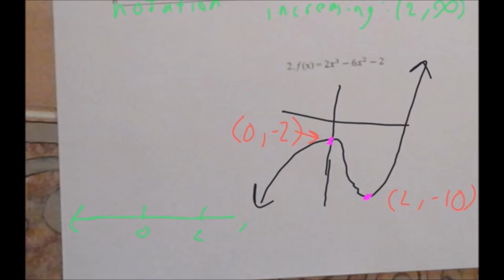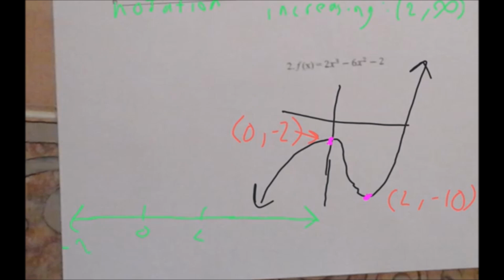Let's make this line a little longer. Okay, so we have 0 and 2 on the number line.